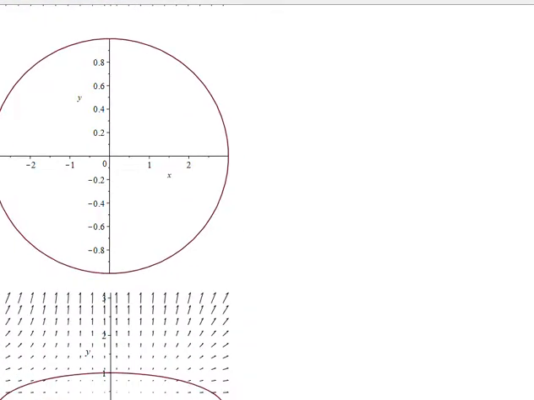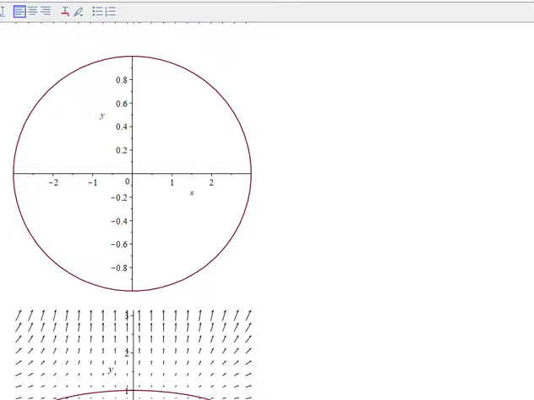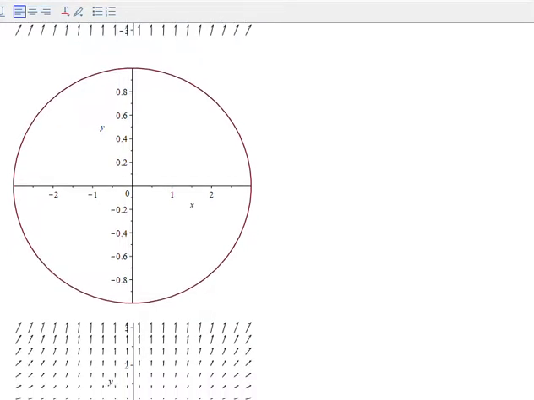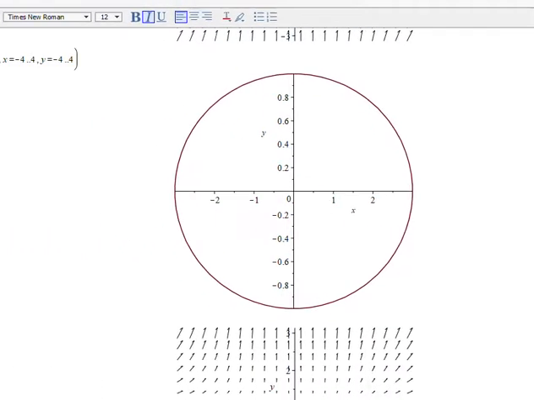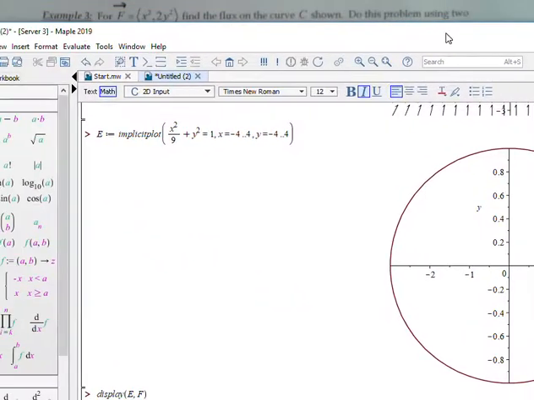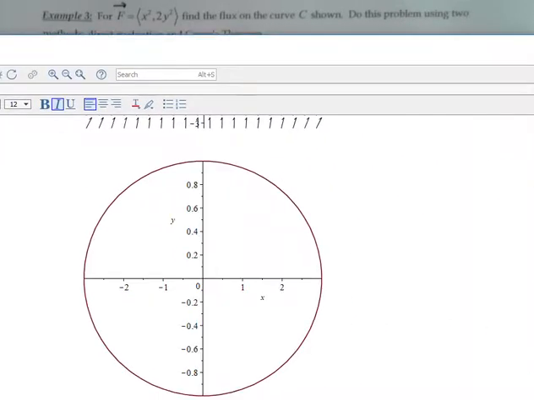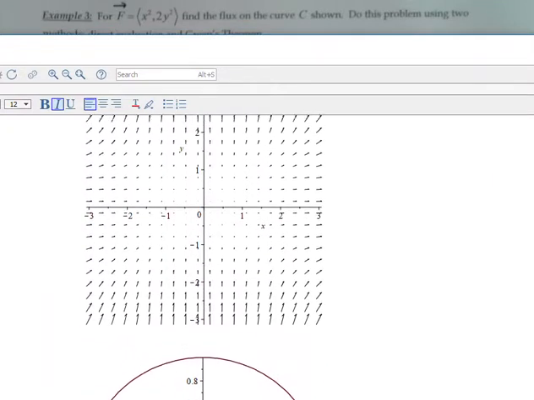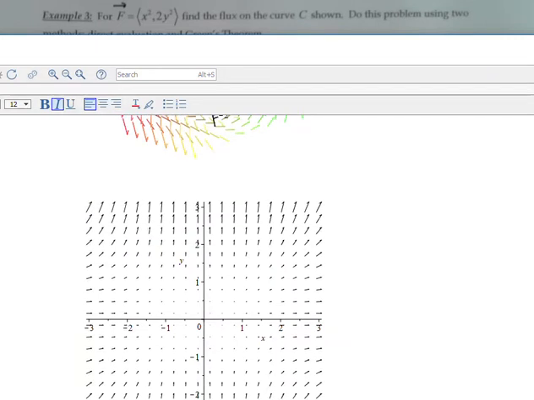All I did was I went ahead and assigned E to an implicit plot. That's the equation for the ellipse. And then a little bit higher up, I had created the vector field up here.